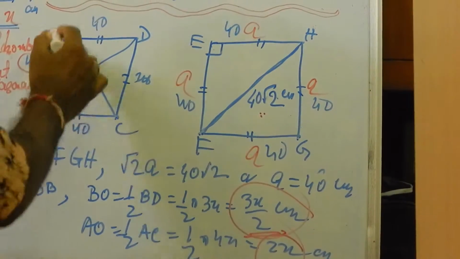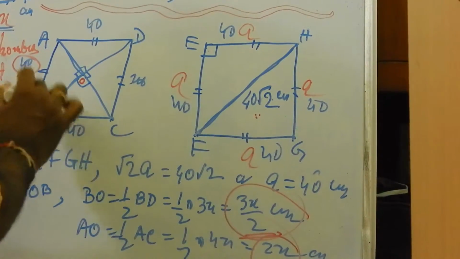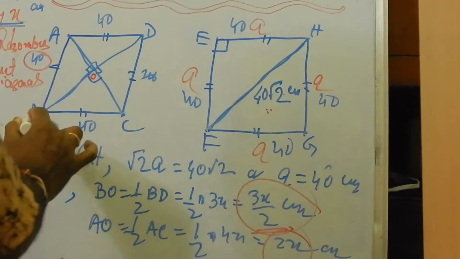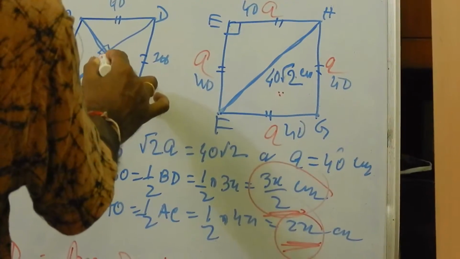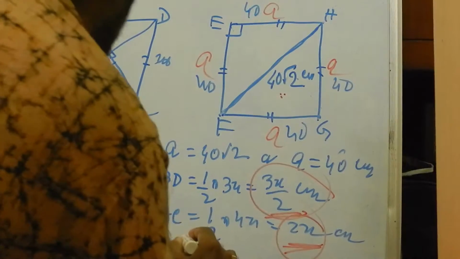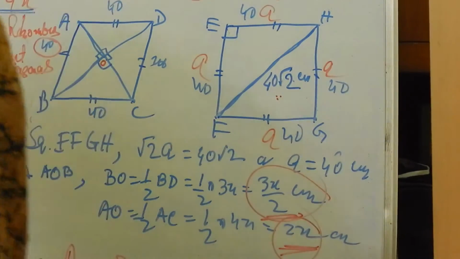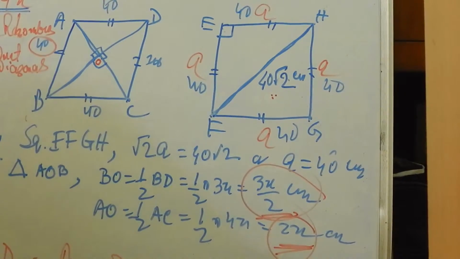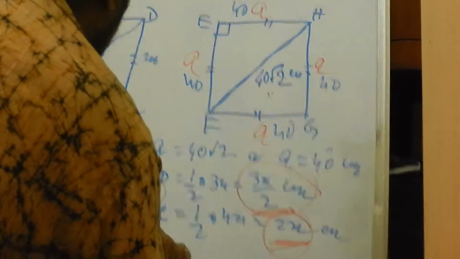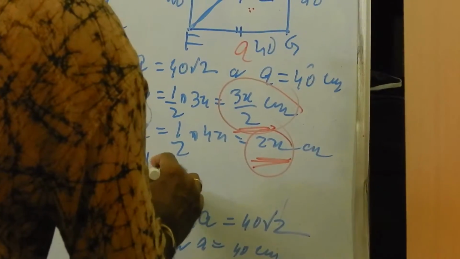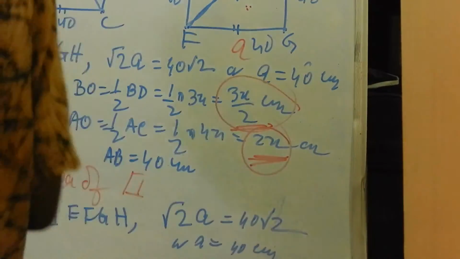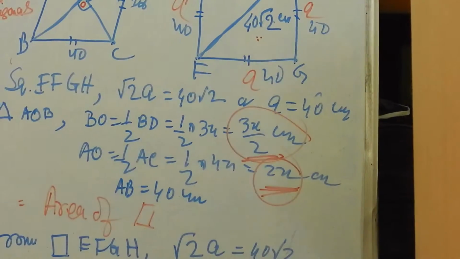So here also AB is 40, AD is 40. So AB equal to 40 centimeter.